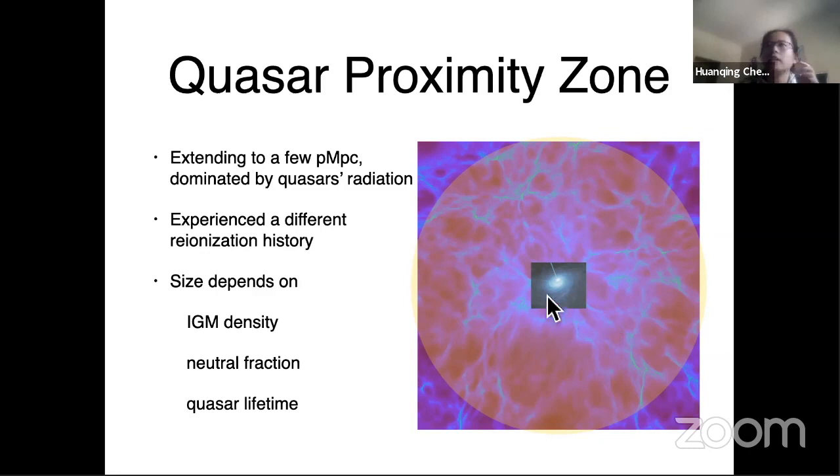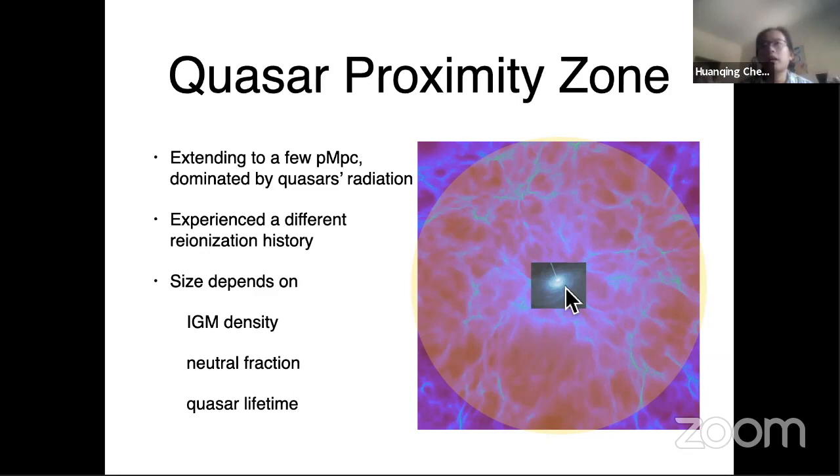Because of the nearby quasar, this region experienced quite a different reionization history than the common field. So studying this region, especially the gas in it, can help us understand how different reionization histories impact gas formation. This is one of the big reasons why quasar proximity zones are so interesting.